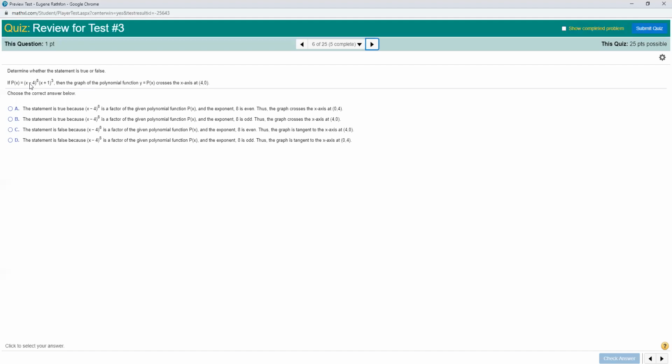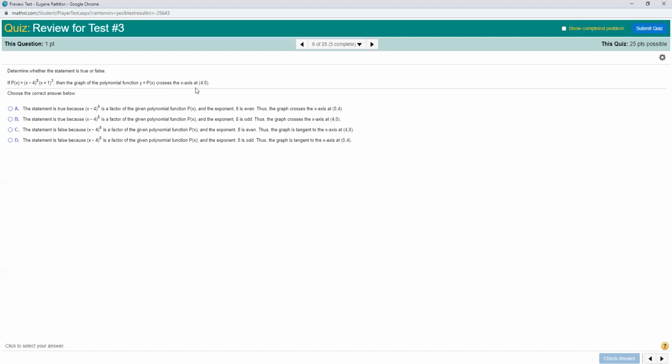So remember, if the multiplicities are even, it touches the x-axis and is tangent. If the multiplicities are odd, like the 3, then it crosses the x-axis. So even they're tangent, odd they cross.